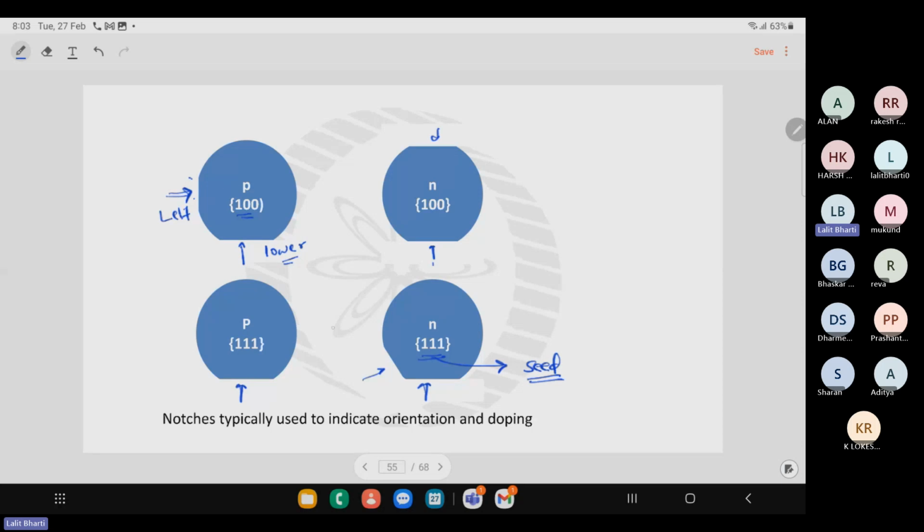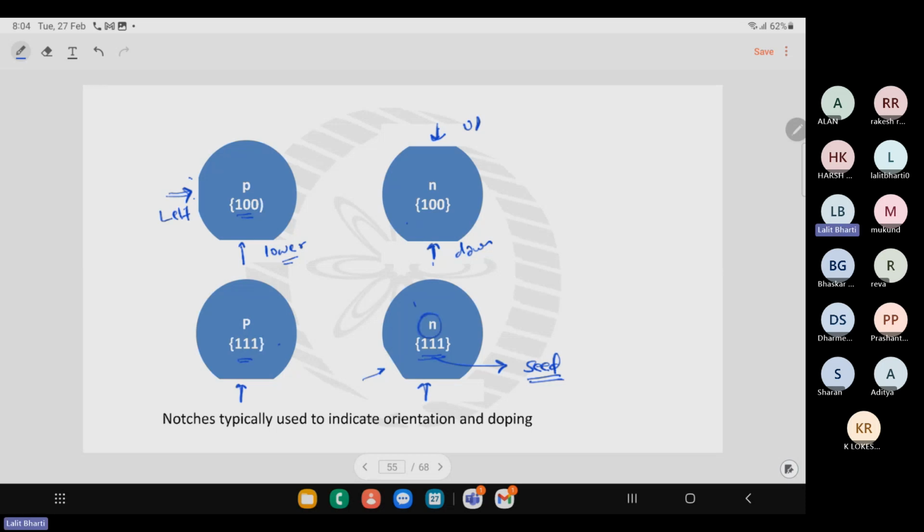You will not find this combination in any of the other three. For N type, the cuts face up and down, and there is no up and down in any of the remaining three. For P type 111, you see only one cut. And if you see two cuts touching each other, it is 111, but N type.